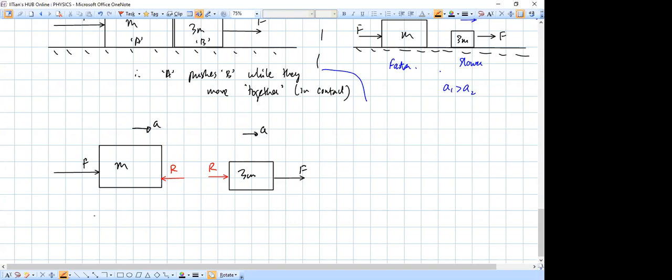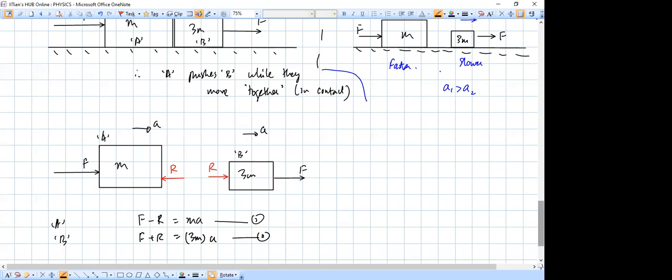Okay, so for the block A, the horizontal equation will become like this: F minus R is equal to mA. And for the block B, the horizontal equation will become like this: F plus R is equal to its mass, which is 3m into A. So from this we can now find out.